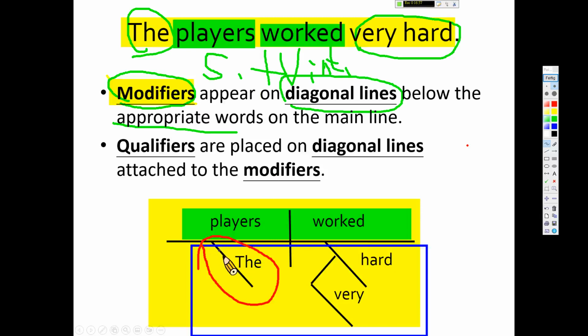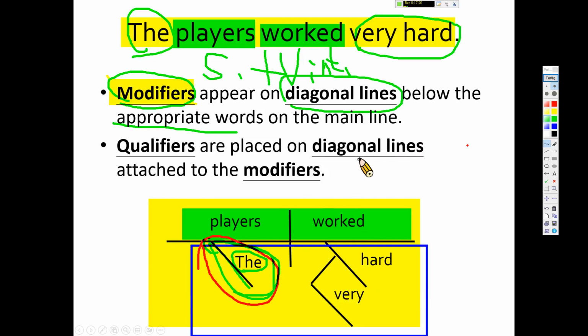So this is the diagonal line here, and this is the word written over here to signify that this section is used to modify prayers. So it's just like something hanging over there saying, I want to modify you, okay?